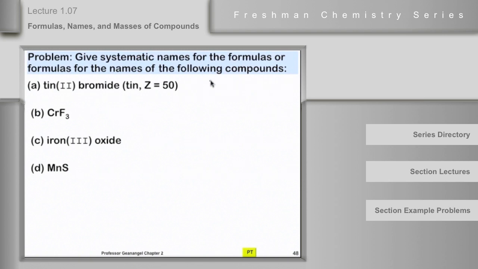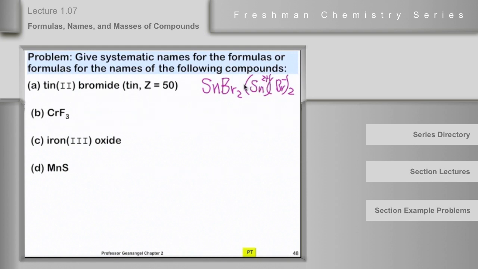So the formula for tin is Sn for tin atom, and since it's tin 2 plus, this will be SnBr2. Okay, the 2 just applies to the bromine here, and if I do it like I did before, it'll be Sn2+ and Br- taken 2 times to show the charges. Okay, questions on that one?